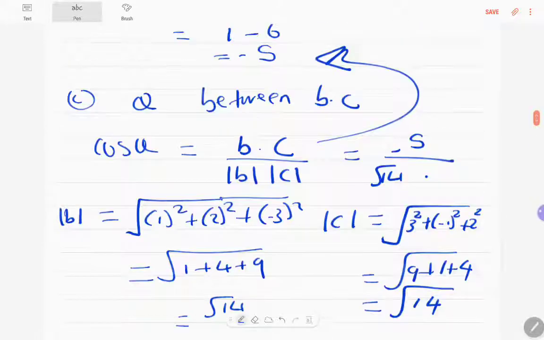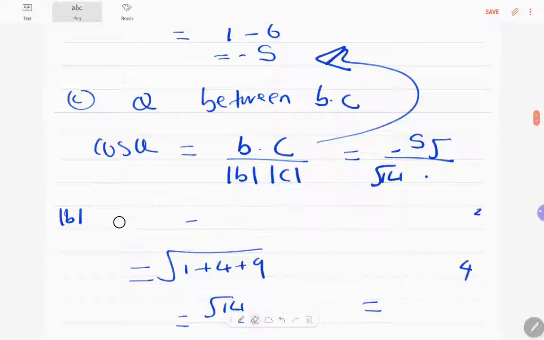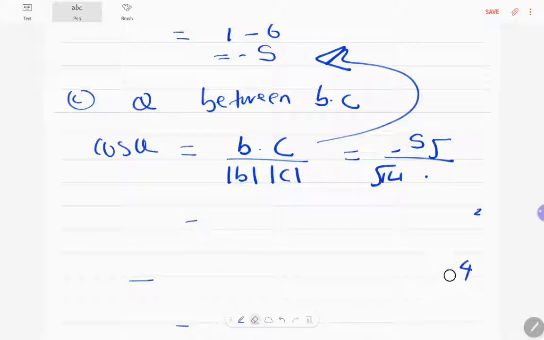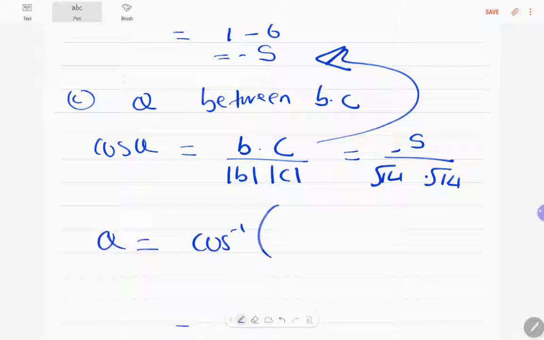Now we come here and say root 14. Now theta is cos inverse of minus 5 all over root 14 times root 14.